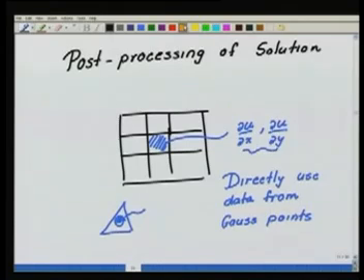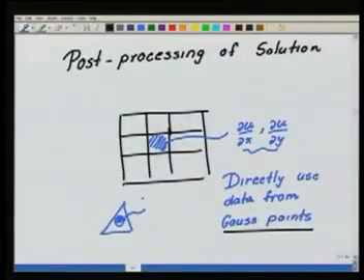So this is just the use of the direct points from the mesh that we have or from the element in order to extract data at these so-called good points. Okay. For the elasticity problem, this is not going to be true, as we will see later on, but for this problem these points are good enough.